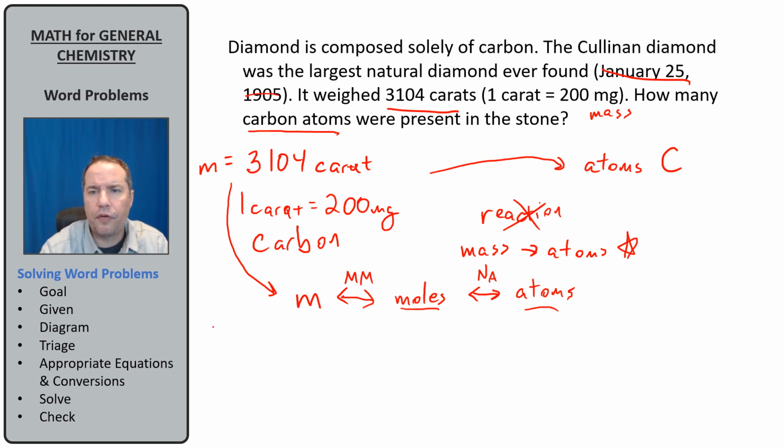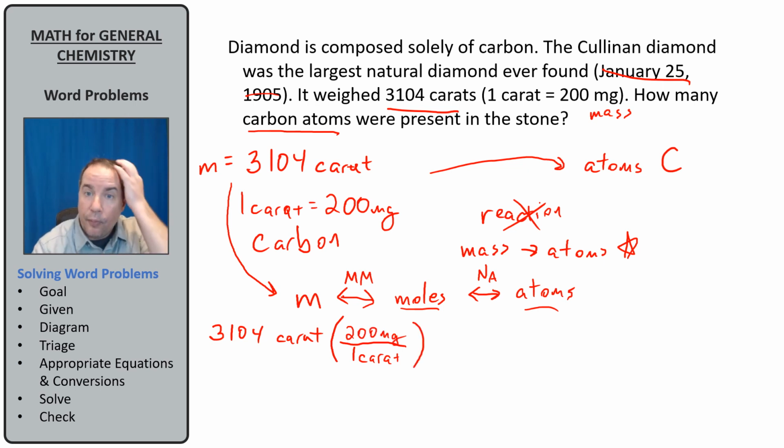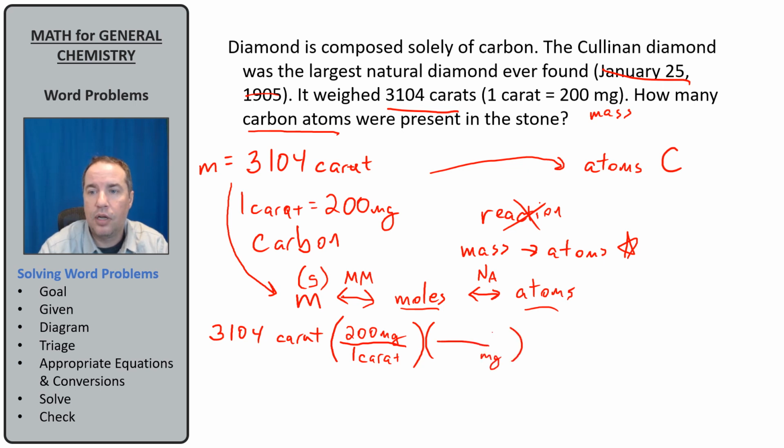All right, so first 3,104 carats. Usually we don't use carats. The only time they use it is in talking about diamonds, really. And we have 1 carat equals 200 milligrams. Well, generally speaking, whenever we deal with molar mass, we want it in grams. So we can convert from milligrams to grams.